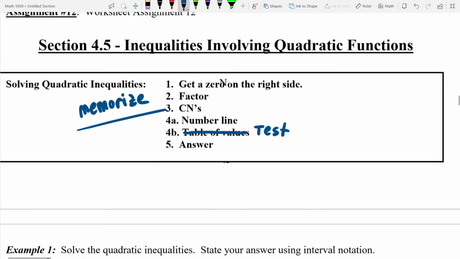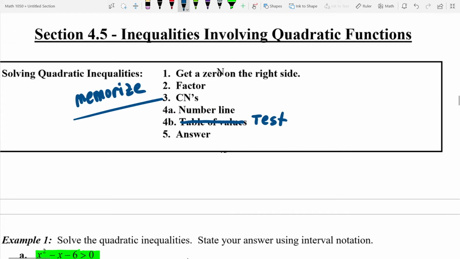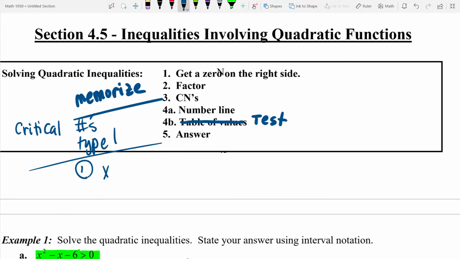Okay? By the way, go back up to the very first page for me. And I want you to add something right there. I forgot to do this. I want you to put down critical numbers type 1. These are all critical numbers type 1. What is in the equation that makes it a critical numbers type 1? 2 things. You have to have an x squared or larger exponent.